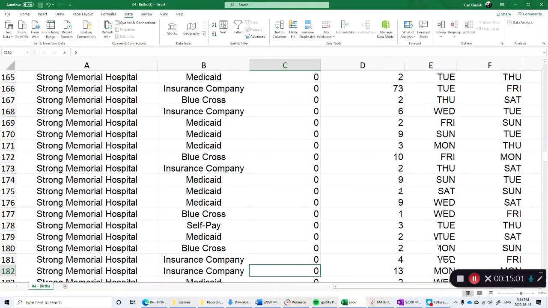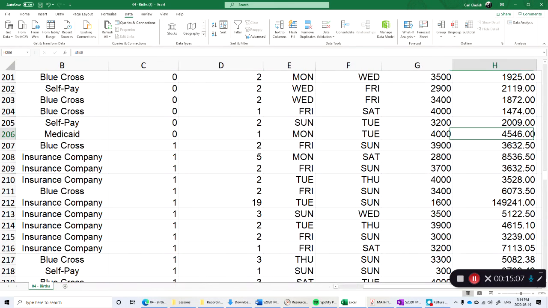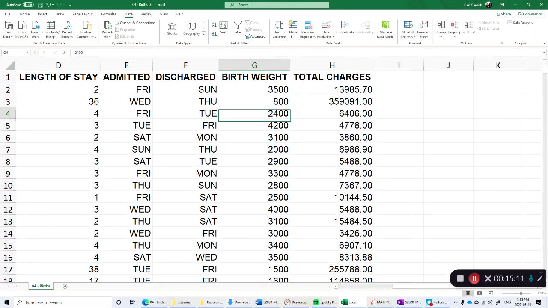And the females stop here at row 206. So where are the weights? The weights are here. So these are the weights from this column from row 2 to row 206. That's why there's 205.